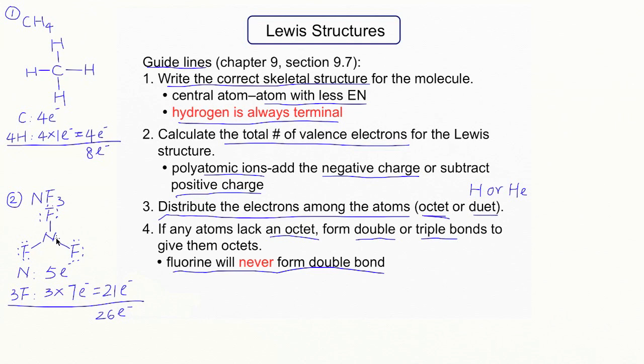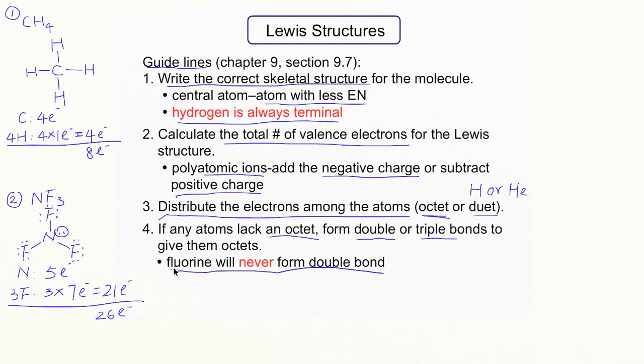So nitrogen needs electrons, and we have 2 left. How about we put these 2 electrons on nitrogen? Now nitrogen has 8 electrons. Nitrogen is happy, the 3 fluorines are happy, everybody is good. So this is the Lewis structure of NF3.